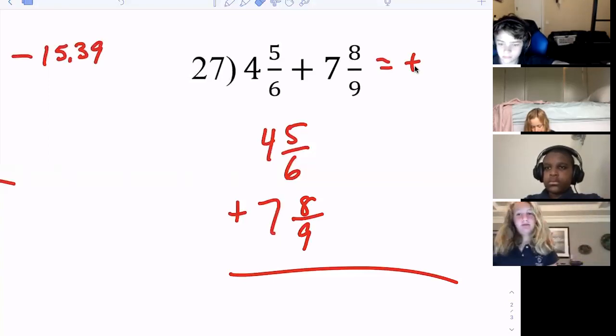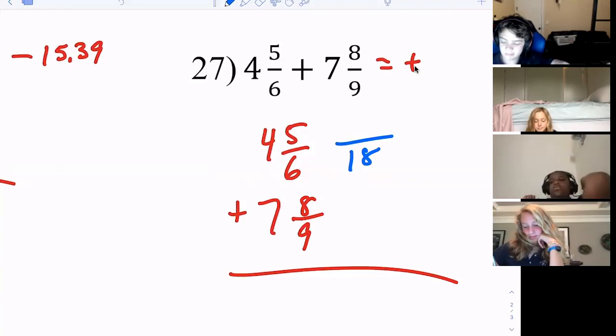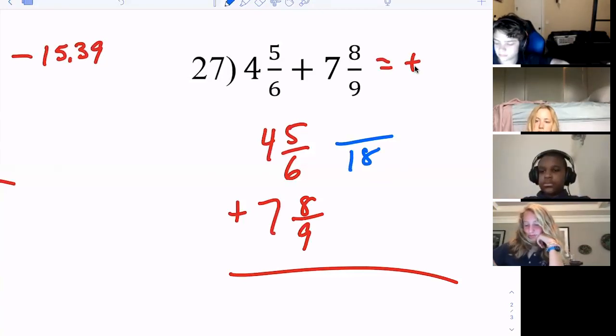18, thank you. Now, in my opinion, you guys should be getting good enough to say this. Because I know the common denominator is 18, you shouldn't have to look at that and say multiply by 3, multiply by 3. You should just say the new numerator is going to be what? 15.